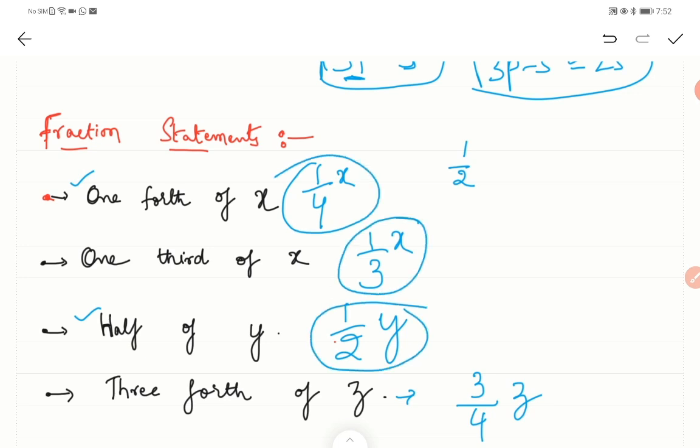1/4 of x is 10. If I say so, you will take this as 1/4 of x is equal to 10. This becomes your equation. So depending on the statement, if they say something is equal to, that becomes your equation.